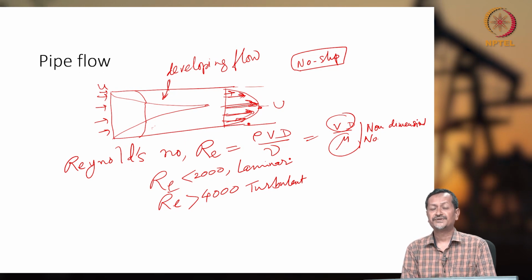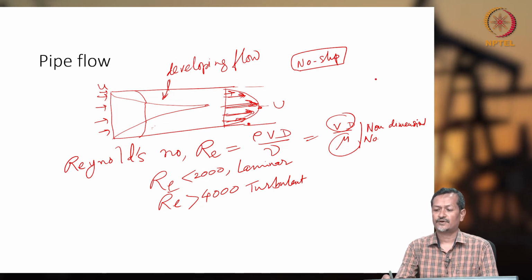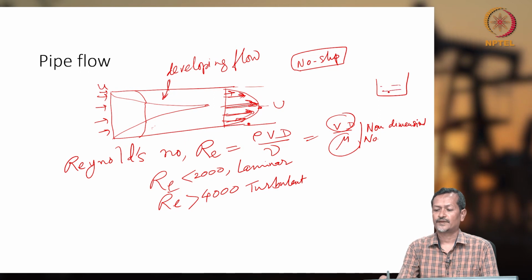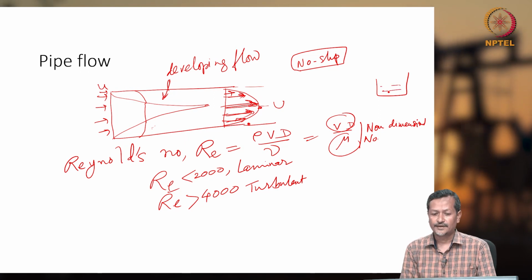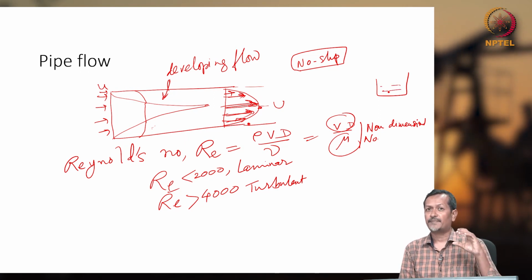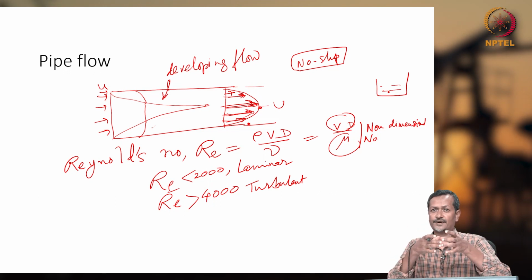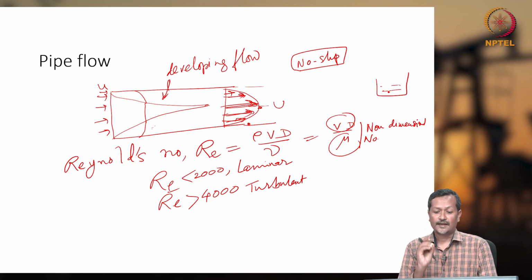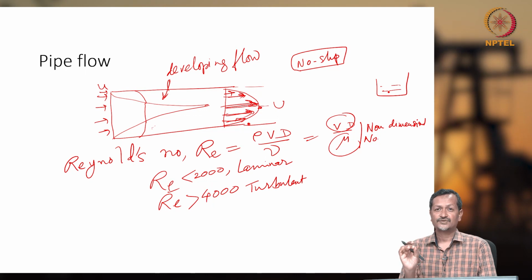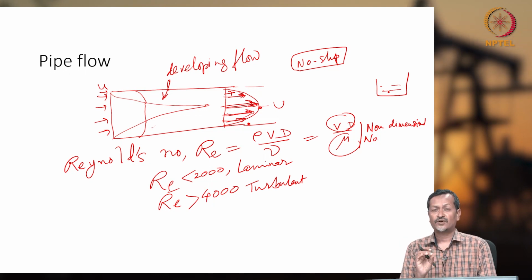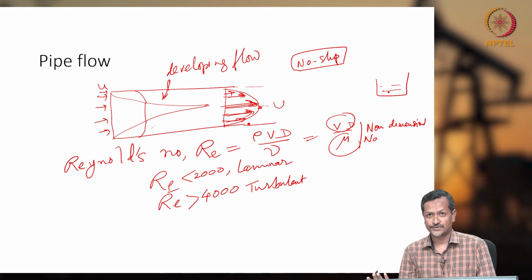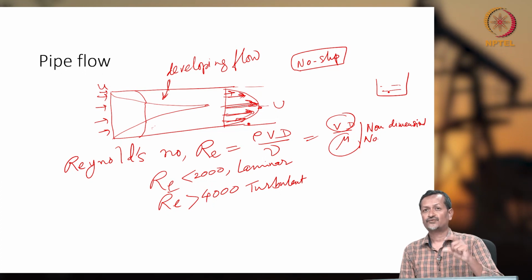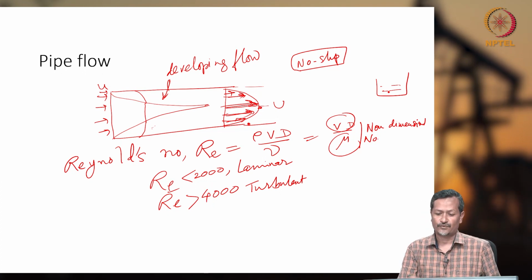If you are using open channel flow or another type of flow, the Reynolds number will be different. Presently we are focusing mainly on pipe flow, closed conduit, circular duct. For that, laminar flow has Reynolds number less than 2000, turbulent flow has more than 4000, and in between, 2000 to 4000, we call transition flow.